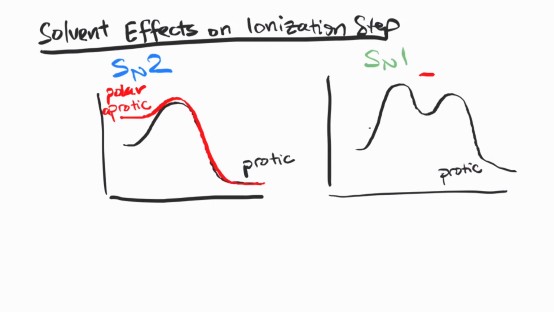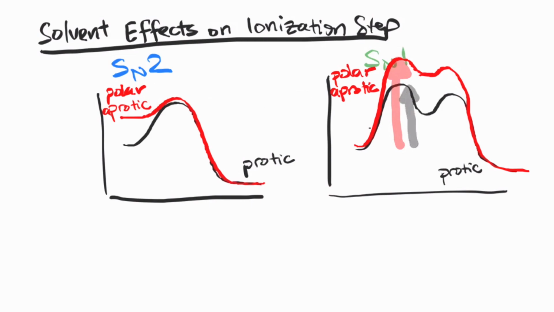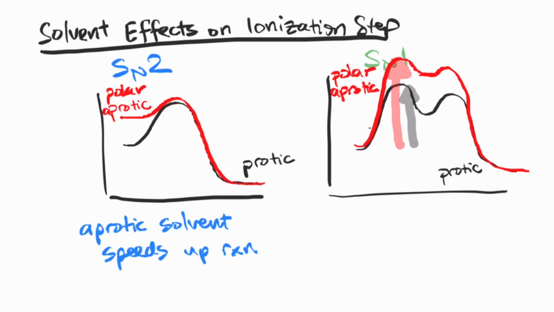As you increase the energy of the intermediate, but not the energy of the starting material, your reaction profile will look like this. Notice in this case then that your energy of activation is much higher in the polar aprotic solvent. So again, in the SN2 reaction, you will see that the polar aprotic solvent speeds up the reaction, while in an SN1 pathway, having a polar protic solvent will speed up your reaction.